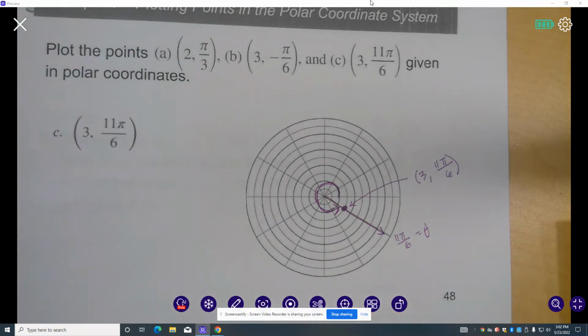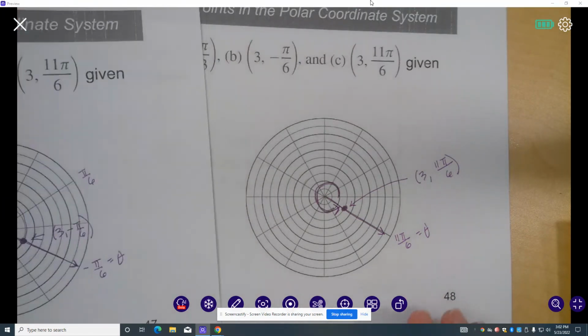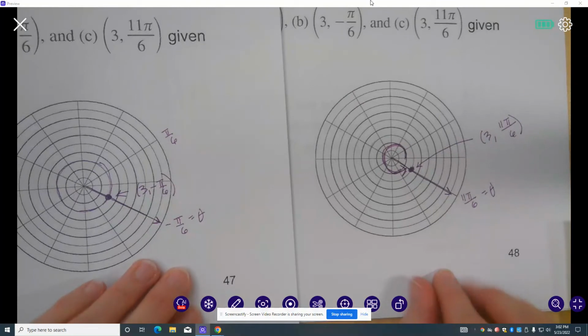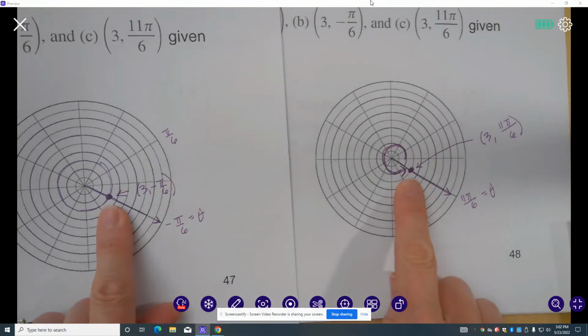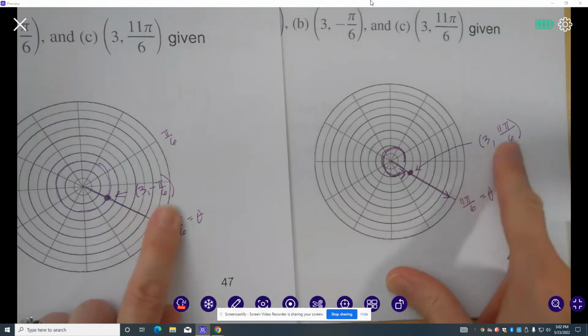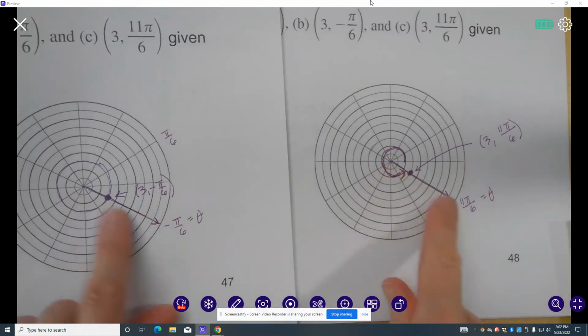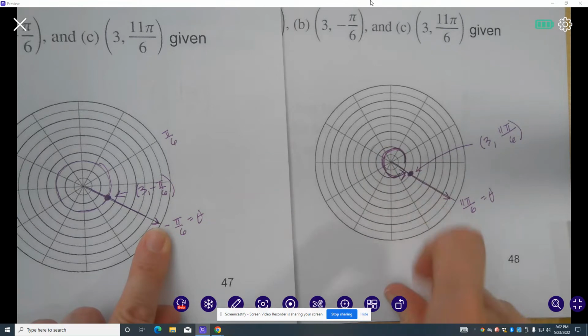Now before we go on, I want to point out to you right now, this example and the one we just did, notice these are the exact same coordinate point, just written two different ways. Just like we found on unit circle, there were multiple ways to represent this angle, right? We said we could keep adding 2 pi.